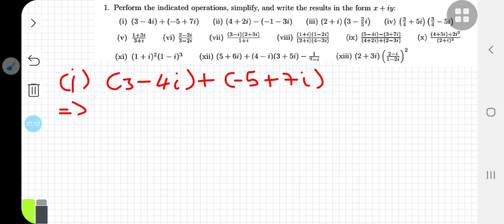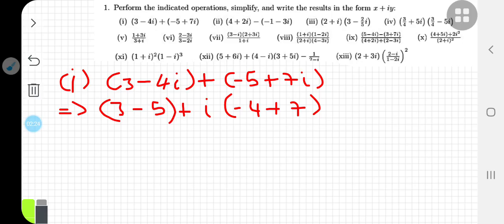So here we go: 3 minus 5, plus i outside, then open brackets, we have negative 4 plus 7.